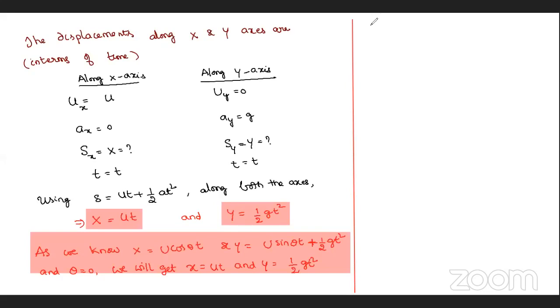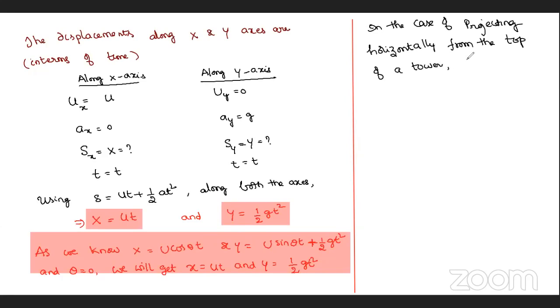Right. So here, suppose in projecting horizontally from the top of a tower, the relation between x and y, similar to y is equals to ax minus bx square, which you got there.